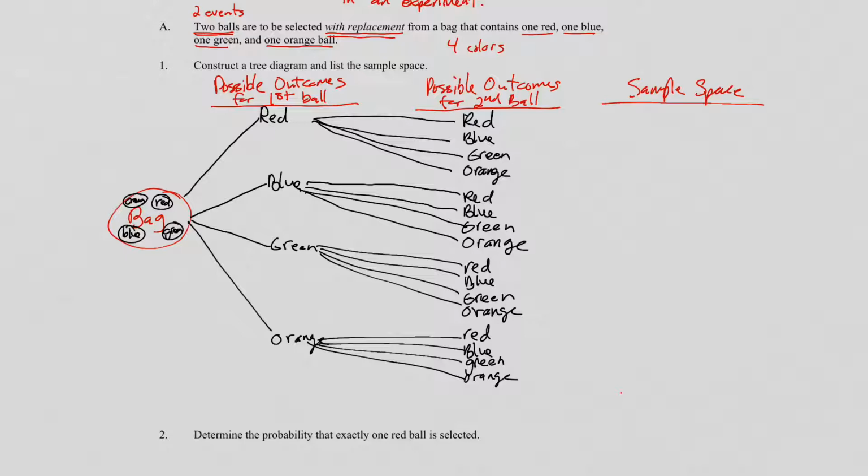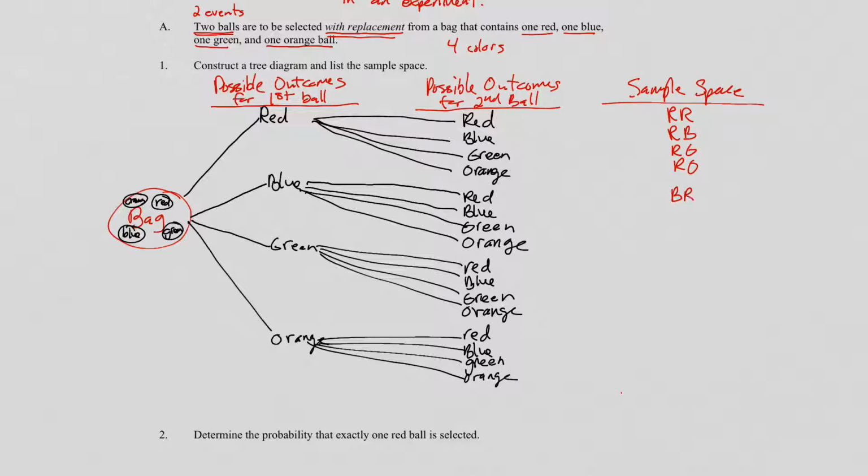If you notice the first option right here, the first sample would be if I picked a red ball and then I picked another red ball. So that's a possible outcome. I'm going to put RR for red, red. I could pick the red ball and then the blue ball. Red ball, then the green ball. Red ball, then the orange ball. So that's four outcomes right there. And then we go down further.